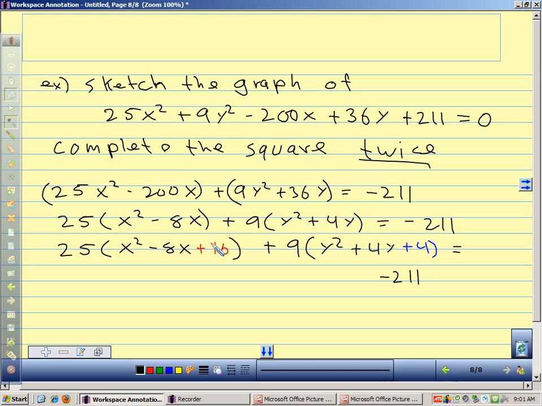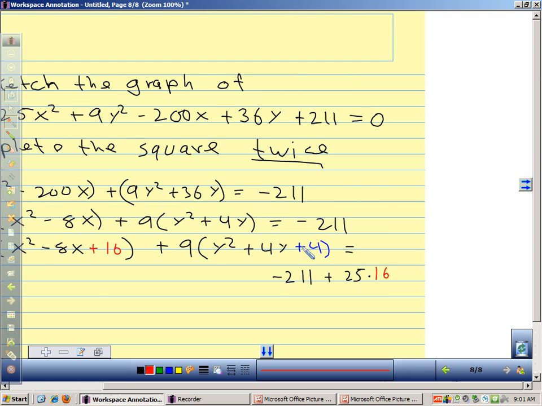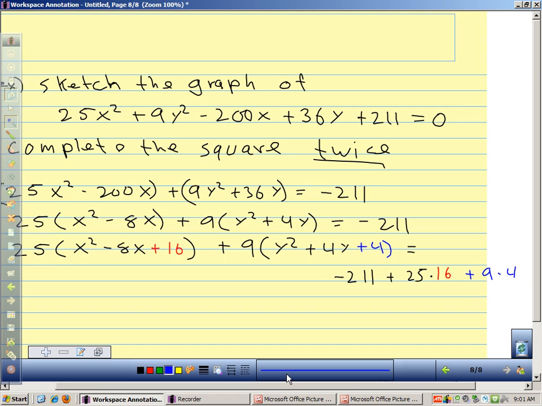We have to add 25 times 16. This 25 is multiplying the 16 here, and we also have to add 9 times 4 for the second part.